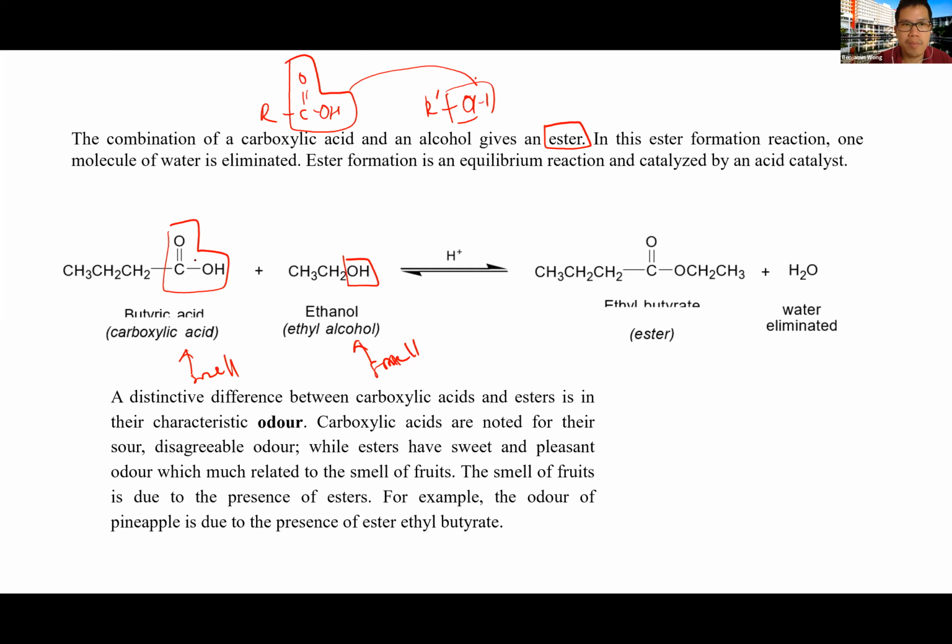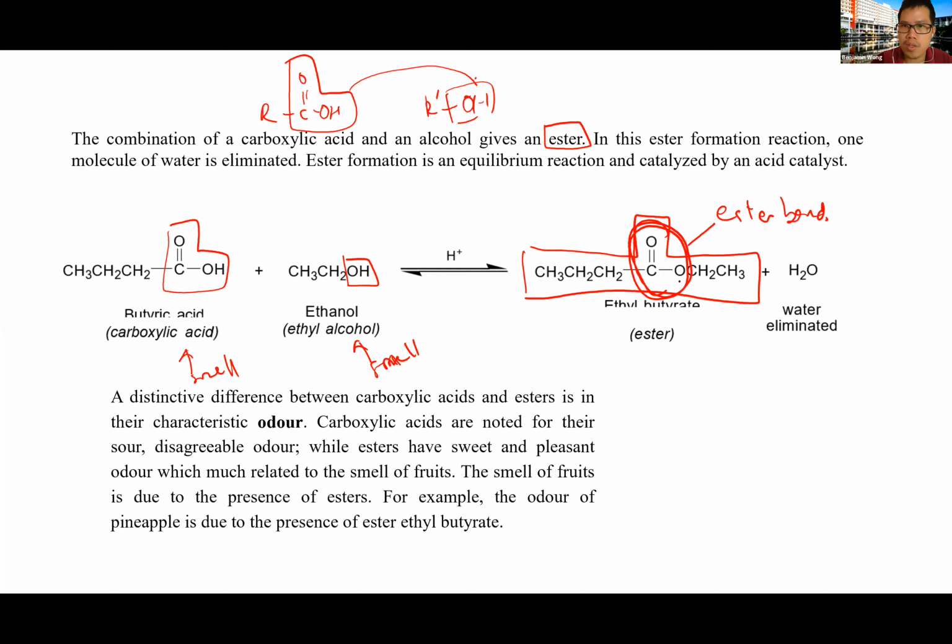So you smell these two, and after that you undergo the reaction. When you undergo the reaction, you form what we call the ester. Over here, you'll see this bond; this bond is called the ester bond.